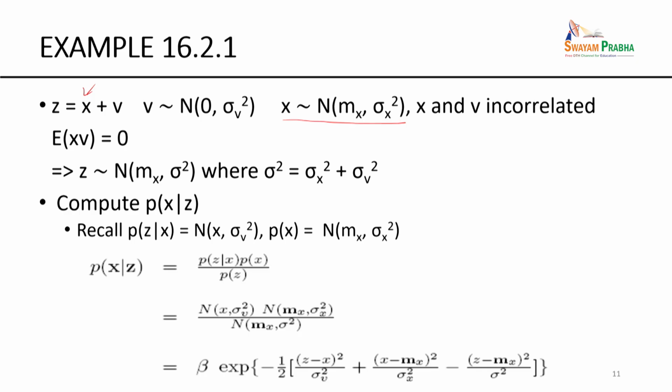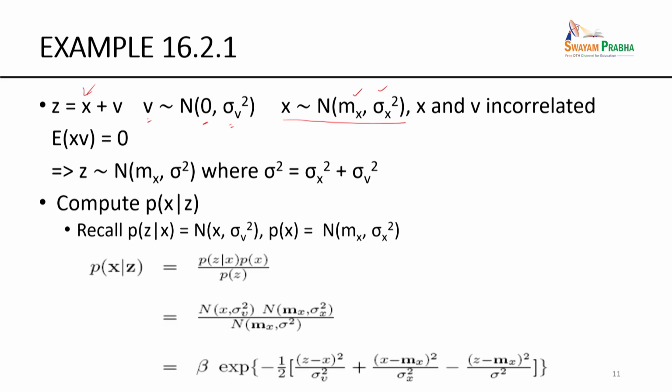Let's assume X is a normal random variable with mean mx and variance sigma square x. V is the observation error. Observation error has mean 0 and its own variance sigma square v. So a random variable is affected by a random noise. The random noise is additive.